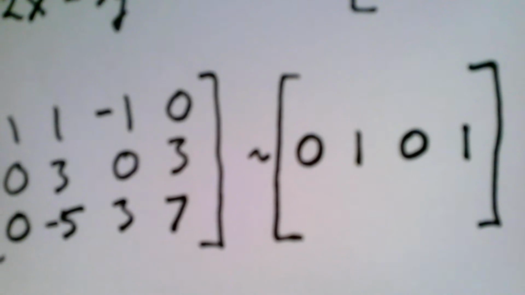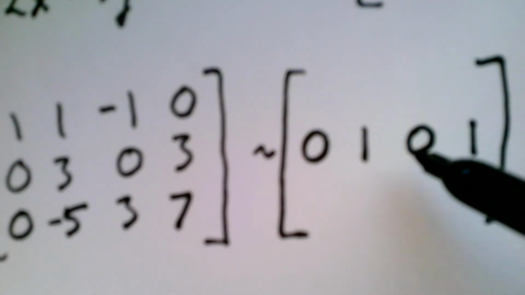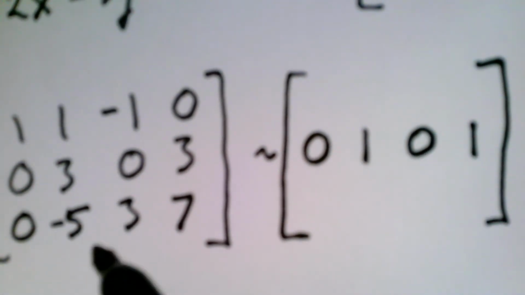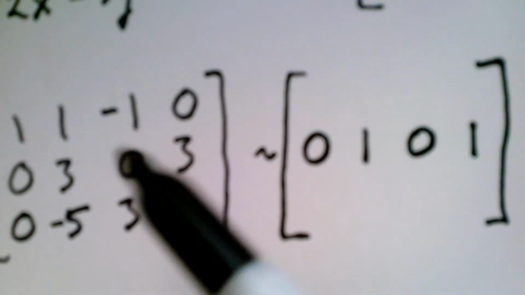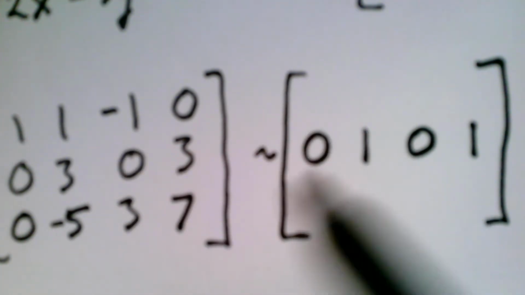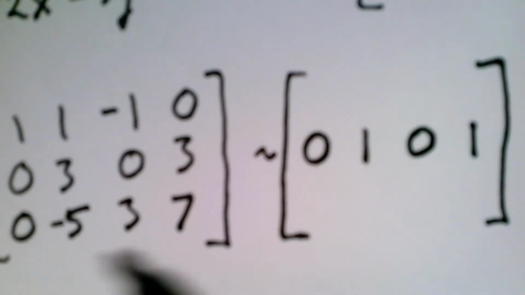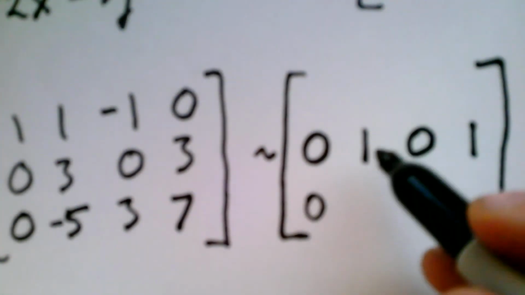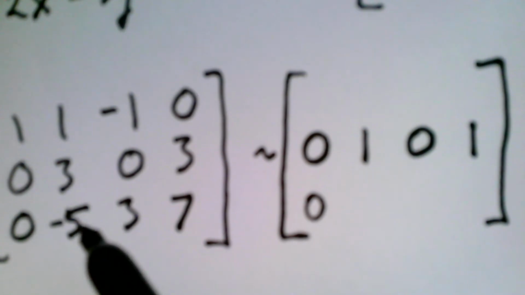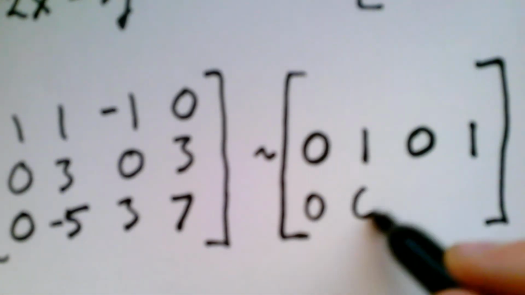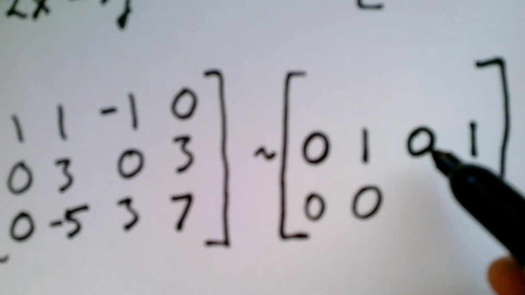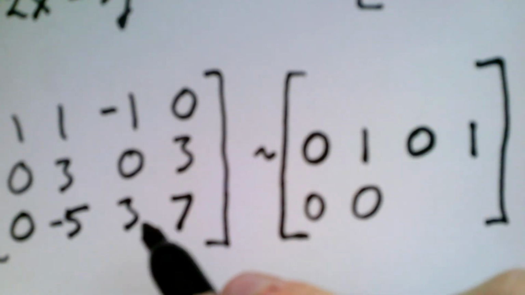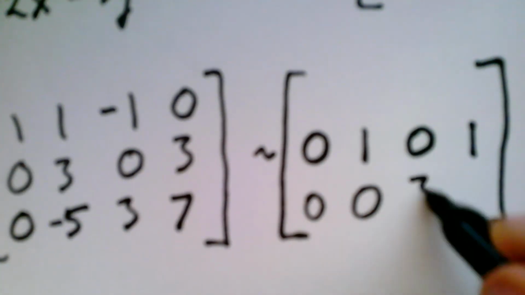And now I'm going to take this row and add 5 times it to this row. So I get 0 times 5 plus 0 is 0. I get 1 times 5 minus 5 is 0. I get 0 times 5 plus 3 is 3.